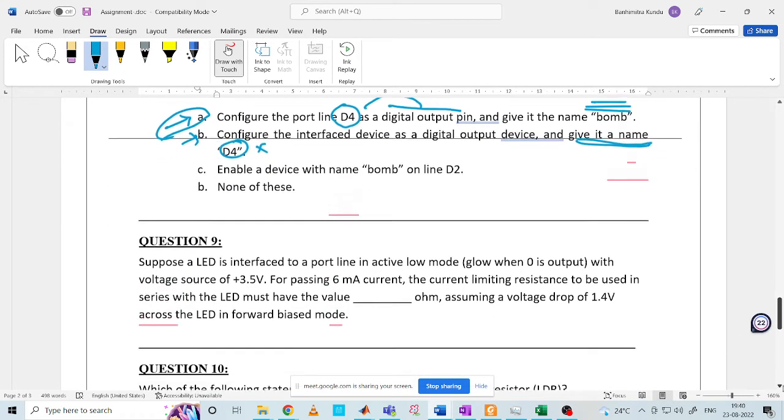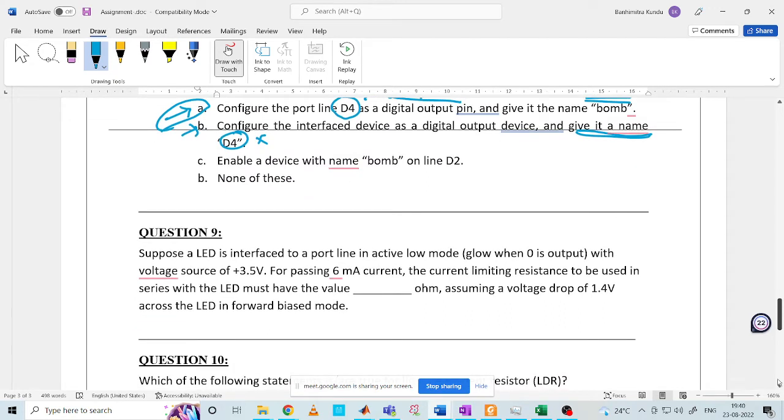Question 9 is more of an electronics question, but I'd be happy if someone can do it. Is someone trying?